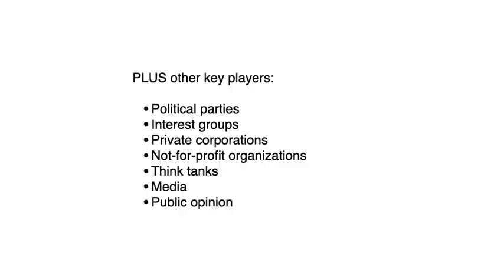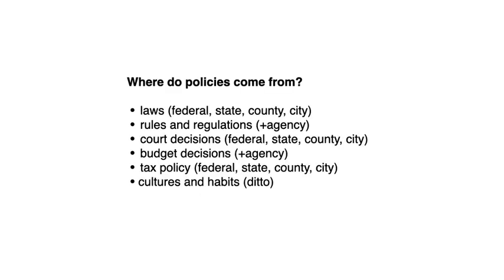And of course, it's even more complicated than that, because I've only been talking about the formal institutions of government created in the Constitution, but we've also got political parties and interest groups and private corporations and nonprofit corporations, think tanks and policy planning organizations and media and public opinion, and you get the idea. So, when we're talking about policies, what are we talking about?